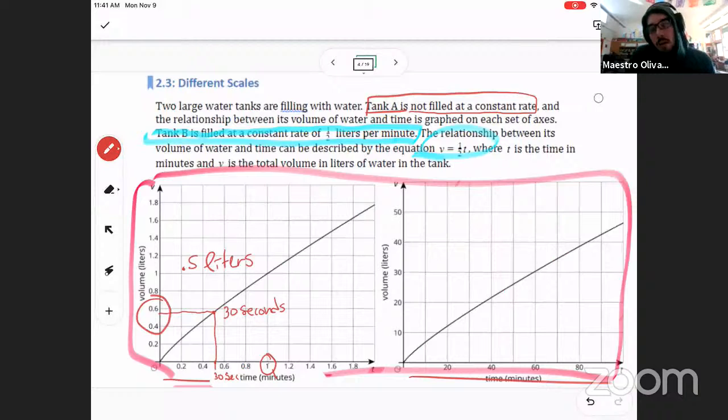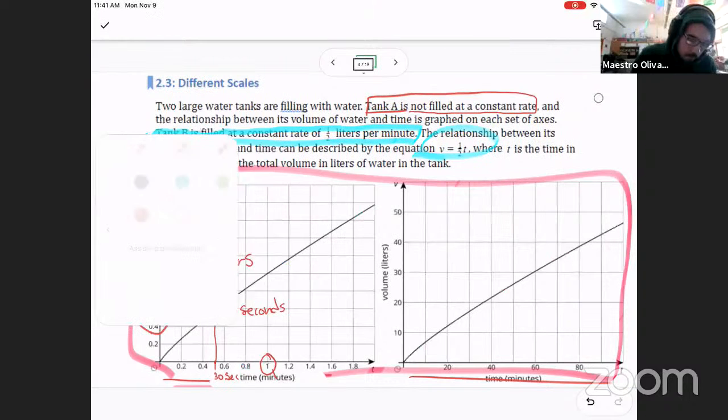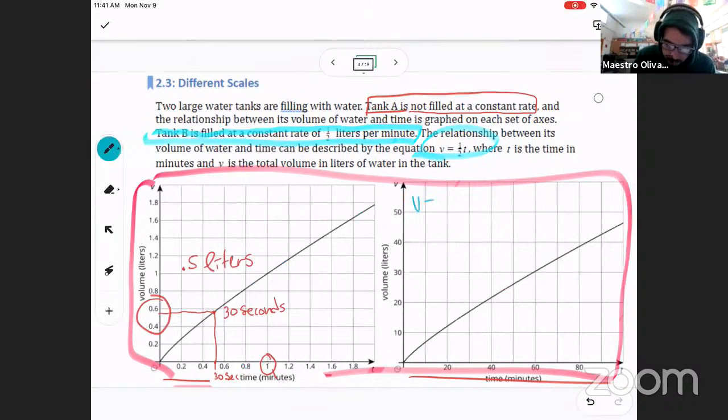Now, what about the second tank, the blue one? The equation is V equals 1/2 times T. 30 seconds is the same thing as half a minute. Is that right or wrong? That's right. 30 seconds is the same thing as half a minute.